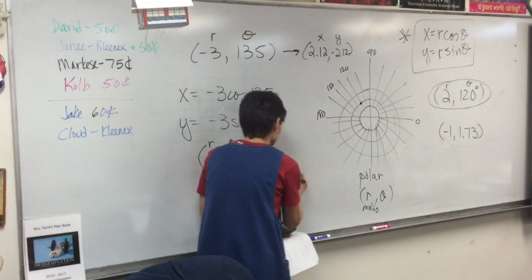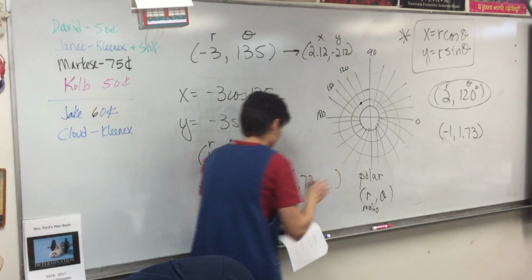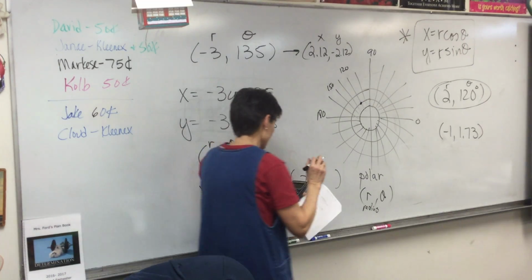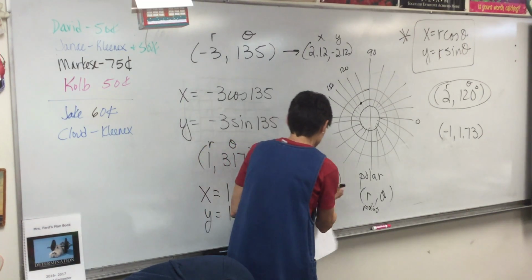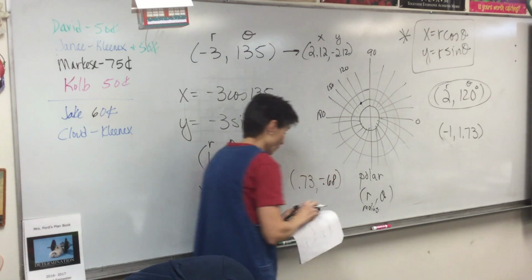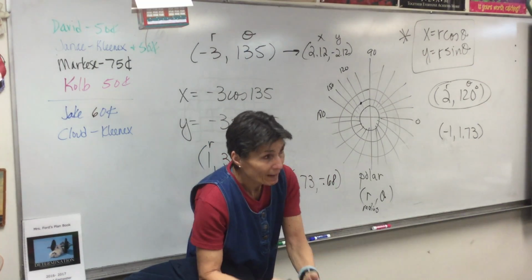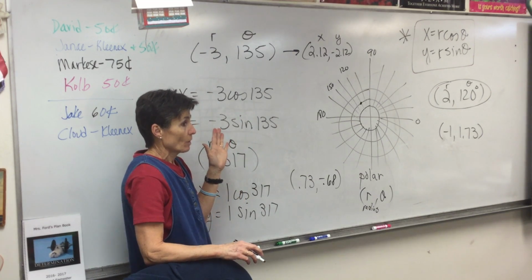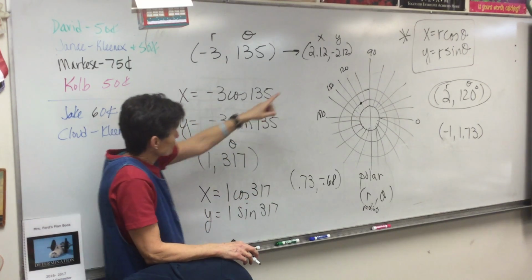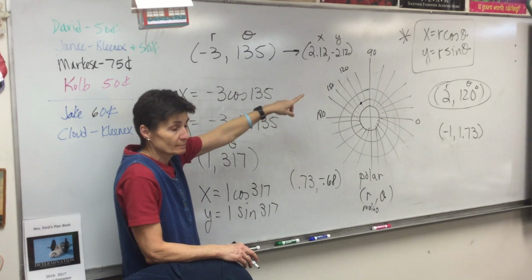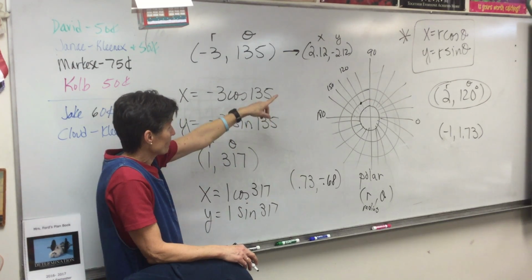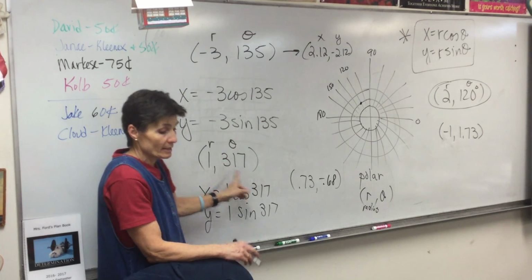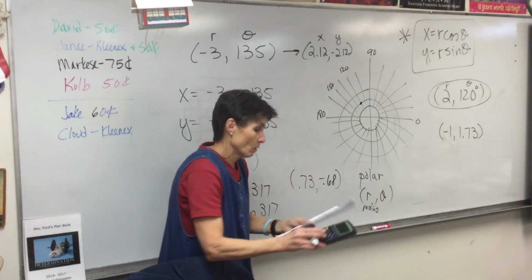Yep, 0.73 is your x. And negative 0.68 is your y. Notice my calculator is taking care of everything. All I have to do is remember the formula and plug in my r and my theta.